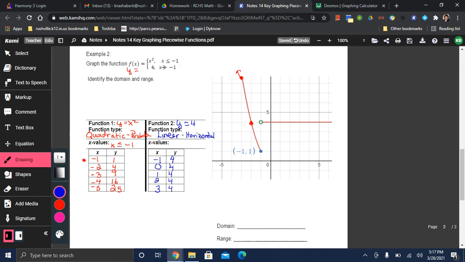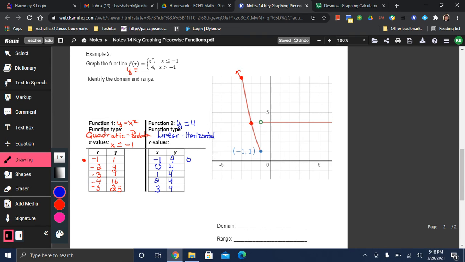And notice that it was greater than, so it did not have an equal bar, which means that that part of the graph should be an open circle at negative 1, 4. So at negative 1 and 4, we have an open circle.